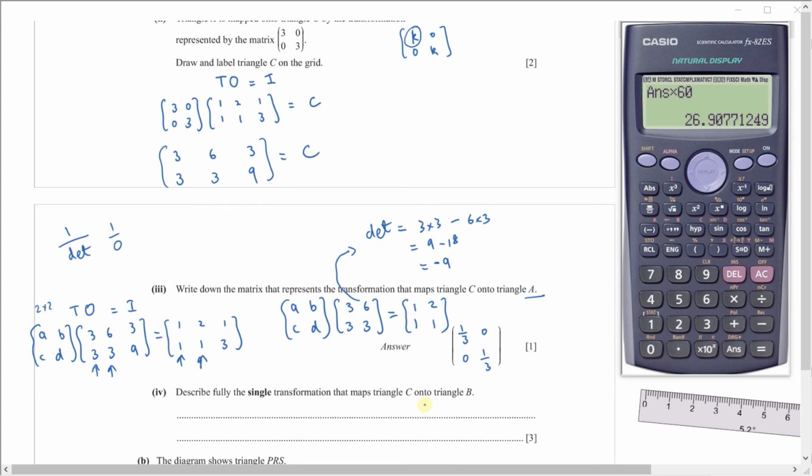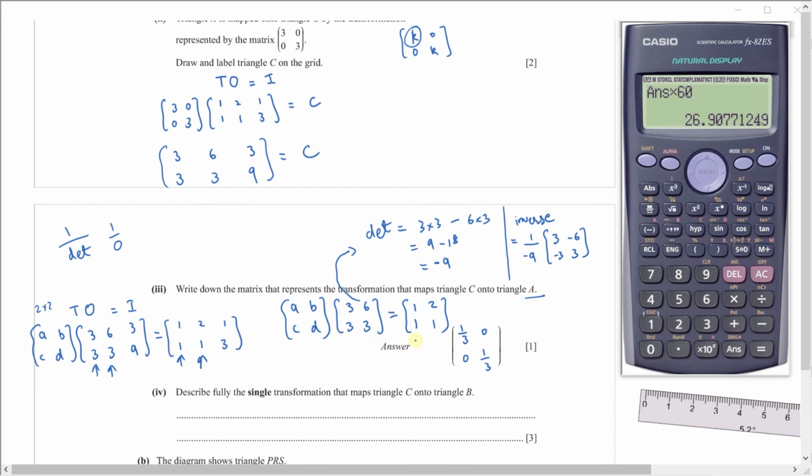And now let's find the inverse. The inverse will be equal to 1 over determinant, which is 1 over minus 9, multiplied by the adjugate. For the adjugate, you swap the positions of these two, so this 3 will remain the same when you swap the positions, and you change the sign of the other two. So this is -6 and -3. So this is your inverse.